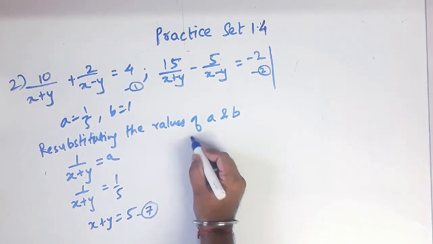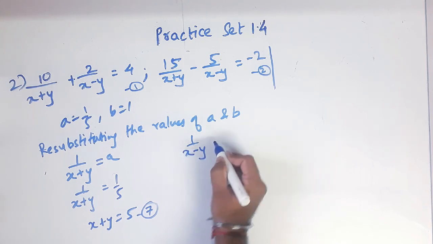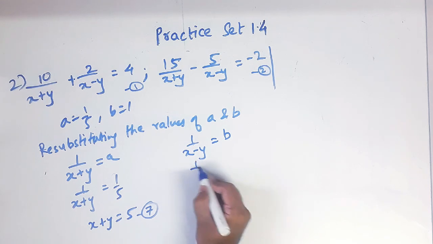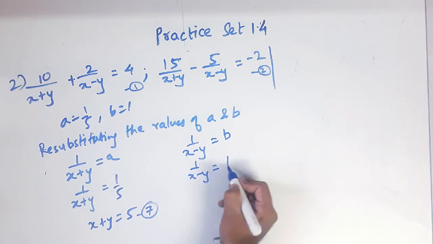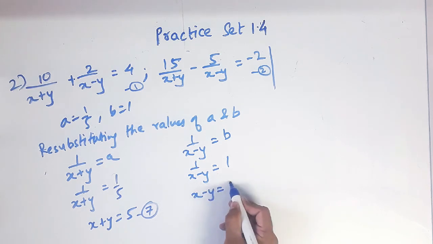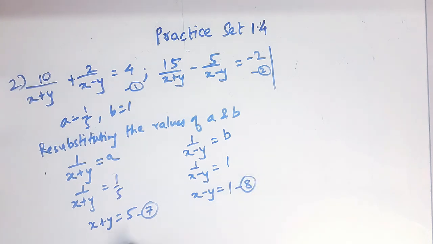Okay, and the other value is 1 upon x minus y equals b. We took it as b. So 1 upon x minus y equals, what is the value of b? 1. So cross multiply, x minus y equals 1. Okay, so now you got two new equations, that is x plus y equals 5 and x minus y equals 1.